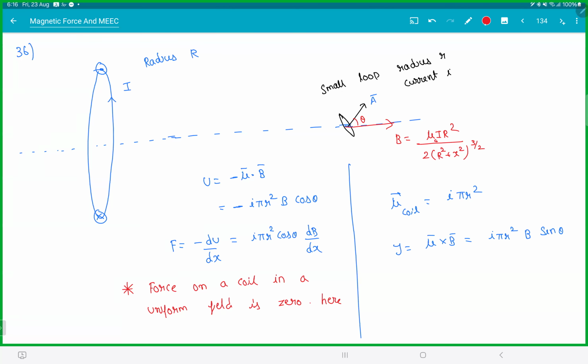If somehow you can give me B in terms of y, then it's a different story. We can't find that. So here B bar is not uniform. Even though we are assuming it is uniform because the coil is small, in reality there's still a difference. Clear? Next one.